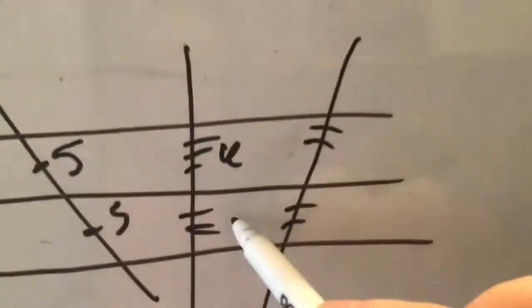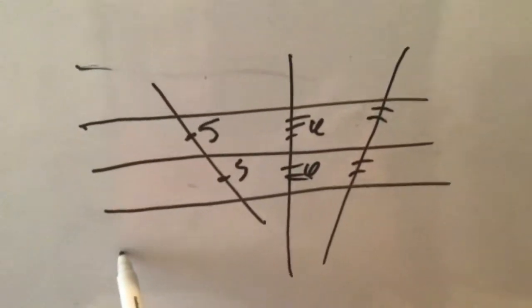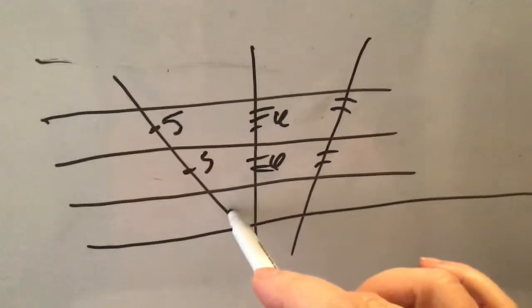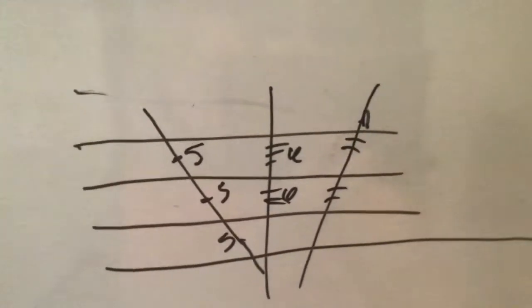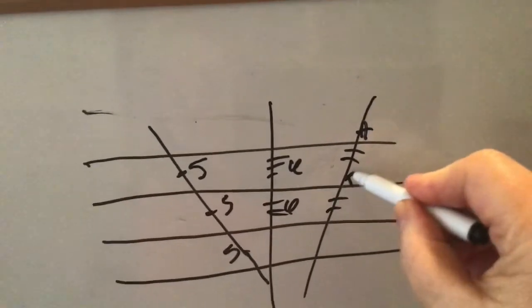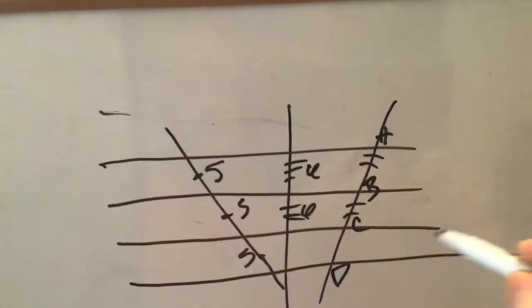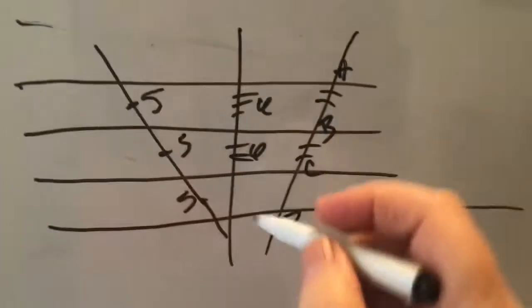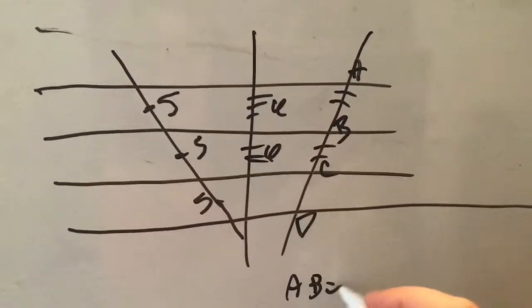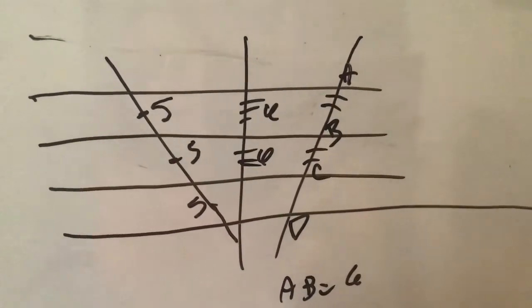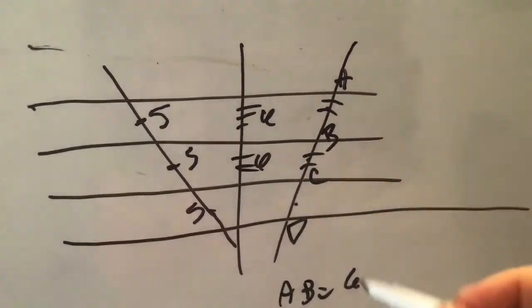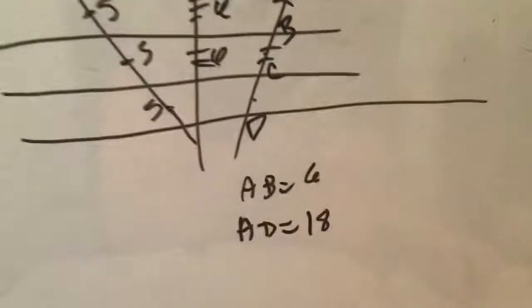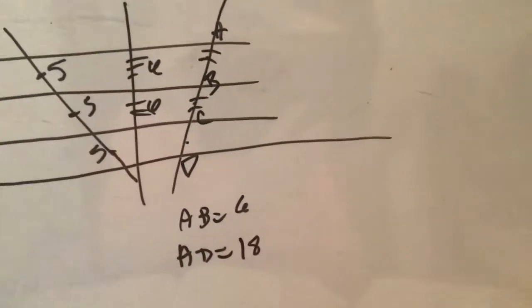If I know this one is 6, then I know this one is 6, and so on. But if I drew that third line there, and I know that it's also equidistant, and say this is A, B, C, D, and you know that they're equal distance from each other, and I tell you that AB equals 6, and I want to know what AD equals. Well, AD is 1, 2, 3 of those, so that would be 18. So you could find that length by knowing that those are all the same distance apart.